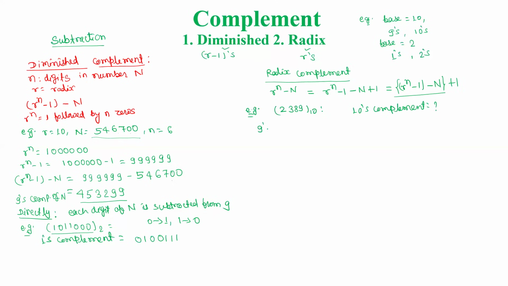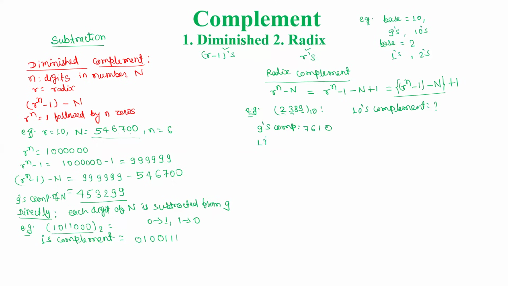To obtain it, first we have to find the nines complement, which means each digit is subtracted from 9. So 9 minus 9 is 0, 9 minus 8 is 1, 9 minus 3 is 6, 9 minus 2 is 7. So 7610 is the nines complement.